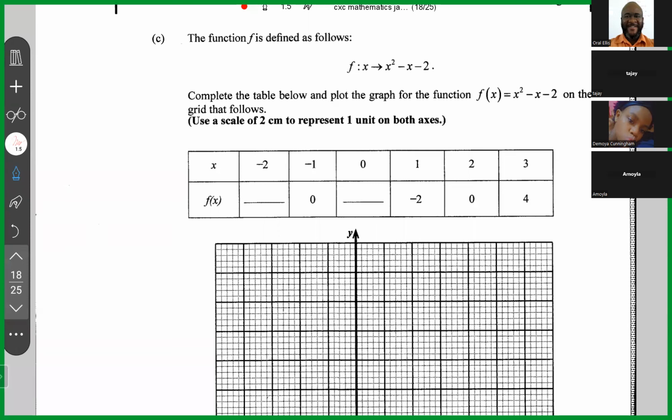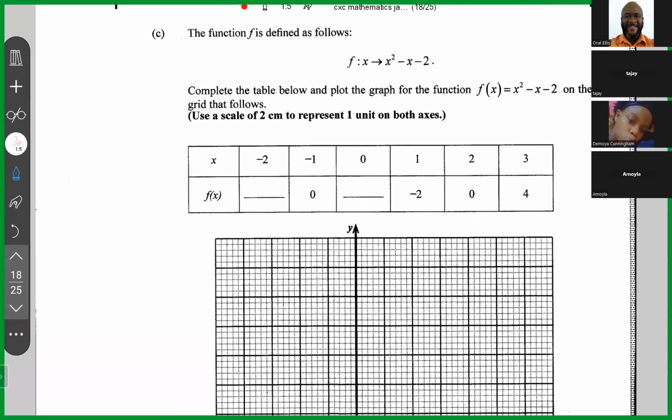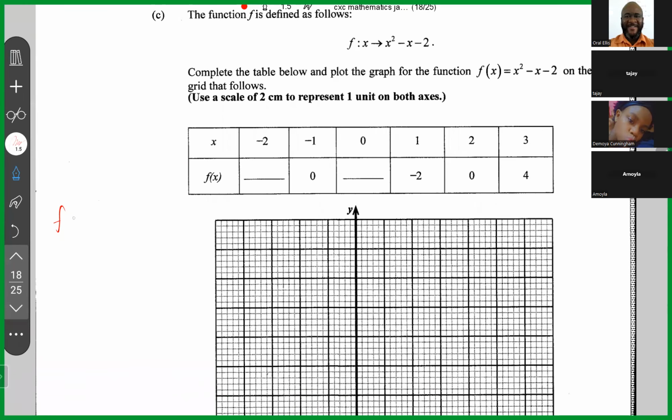All right, let's first find f of minus 2. We have f of x is equal to x squared minus x minus 2. So f of minus 2 is missing, so I'm going to say when x is equal to minus 2, you have minus 2 squared, then minus, wherever I see x, I'm going to put minus 2, minus minus 2.